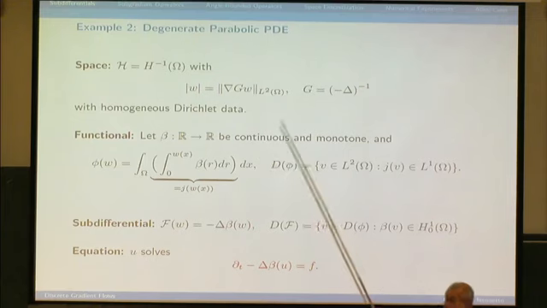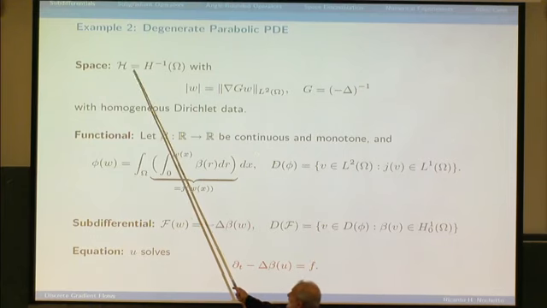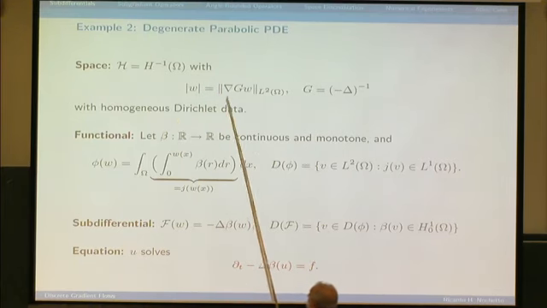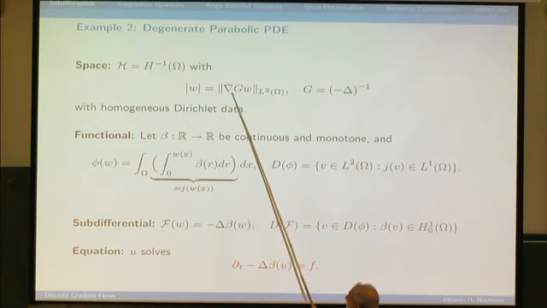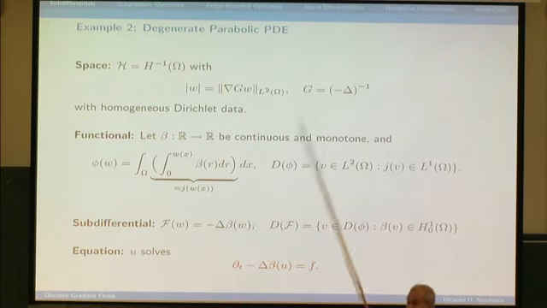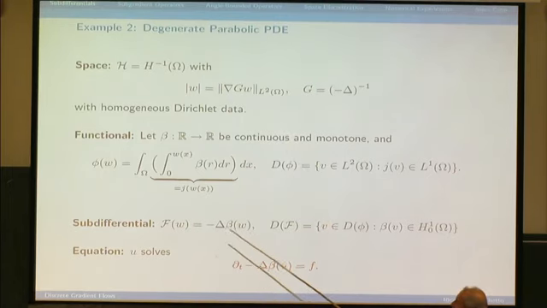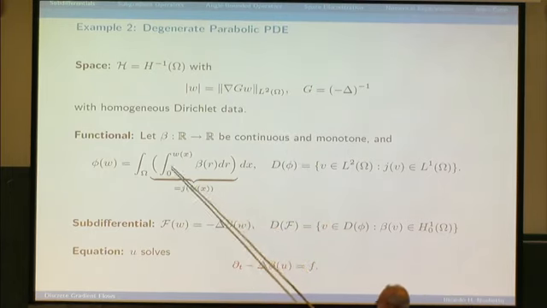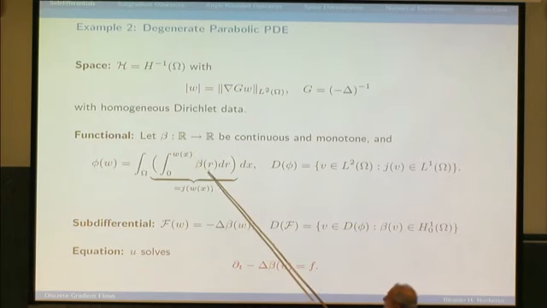And here you have a background. The functional space is H minus 1, which you can define the norms in terms of the inverse of the Laplace operator. And then the functional is defined in terms of an antiderivative of beta, beta being this function that was defined earlier today. Let me plot it again here. Beta would be something like this.